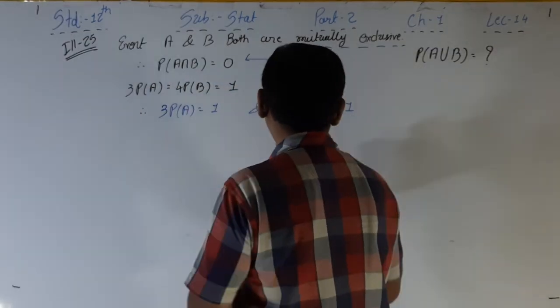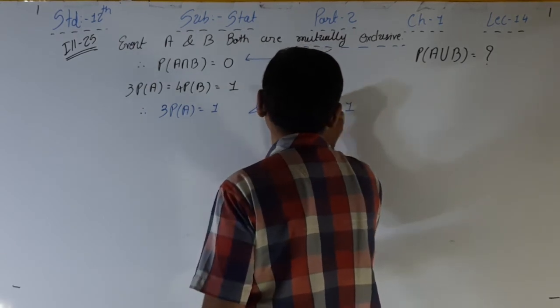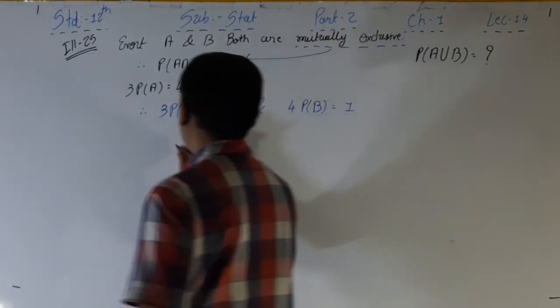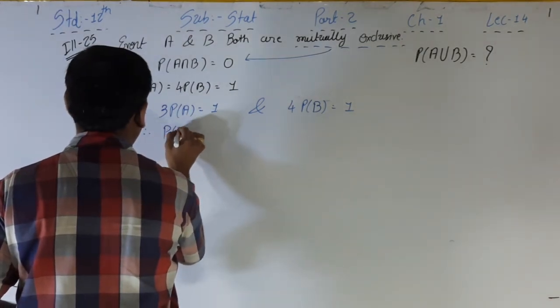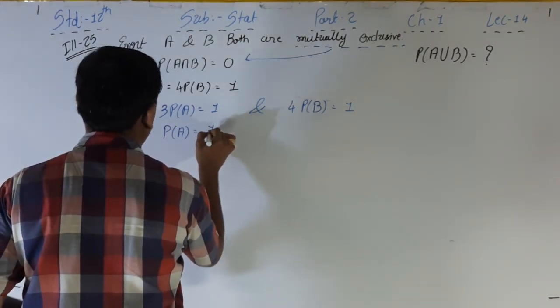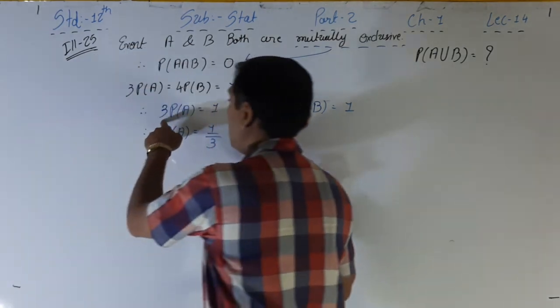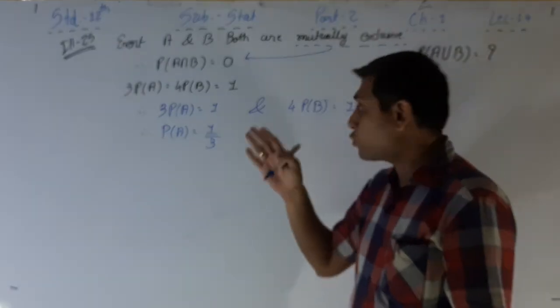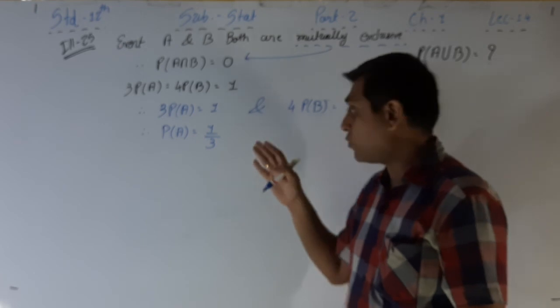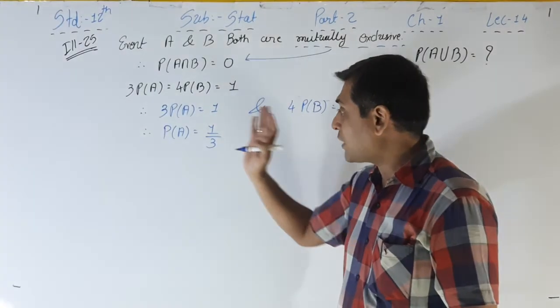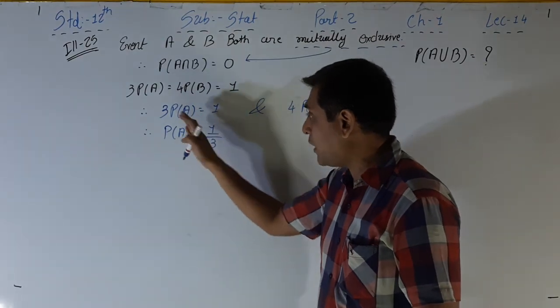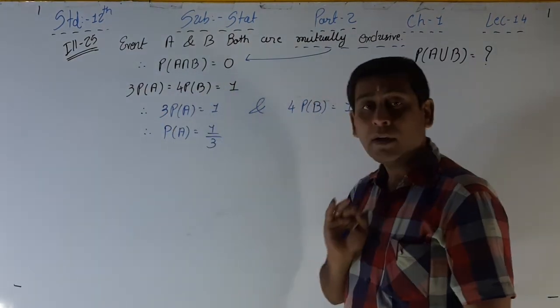Okay, so here we can see that P of A is equal to 1 upon 3, because 3 is multiplied here, so we have to divide, transferring 3 to the opposite side of the equals sign. That's why P of A is equal to 1 by 3.